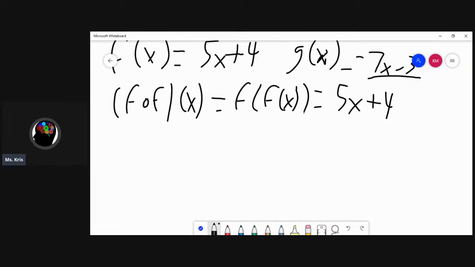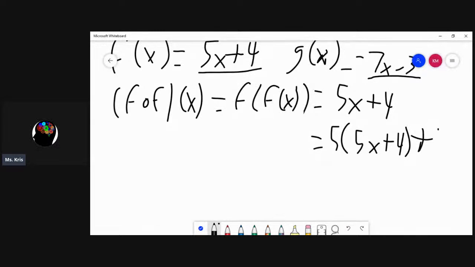So all I'm doing is taking the function of f and substituting it for the letter x. So 5 times 5x plus 4, plus 4.